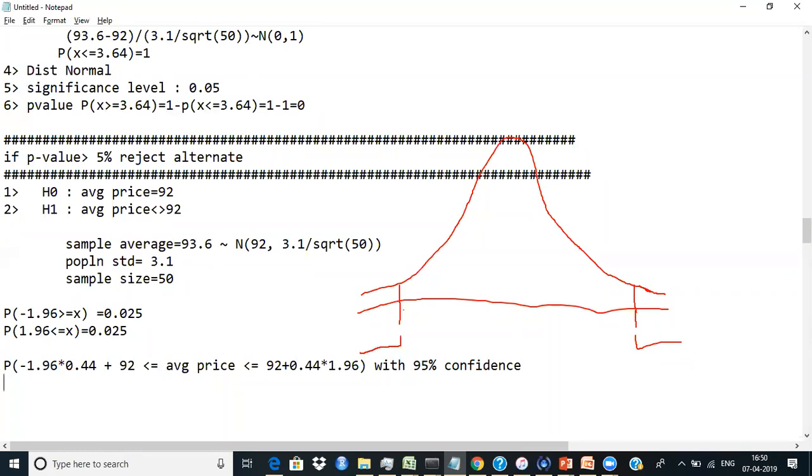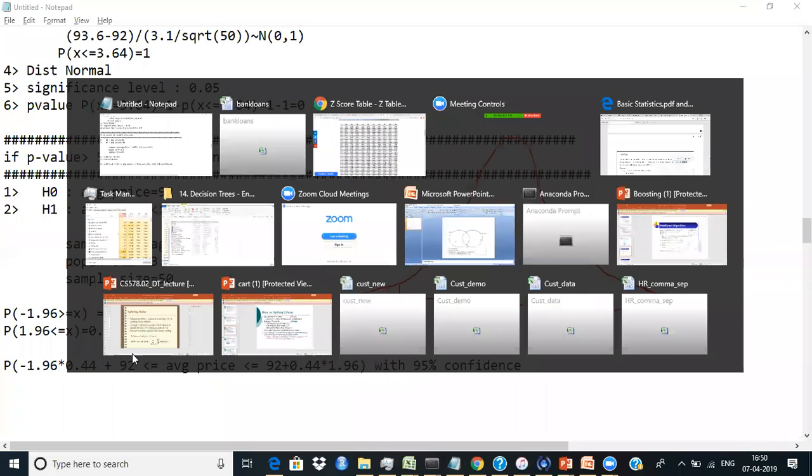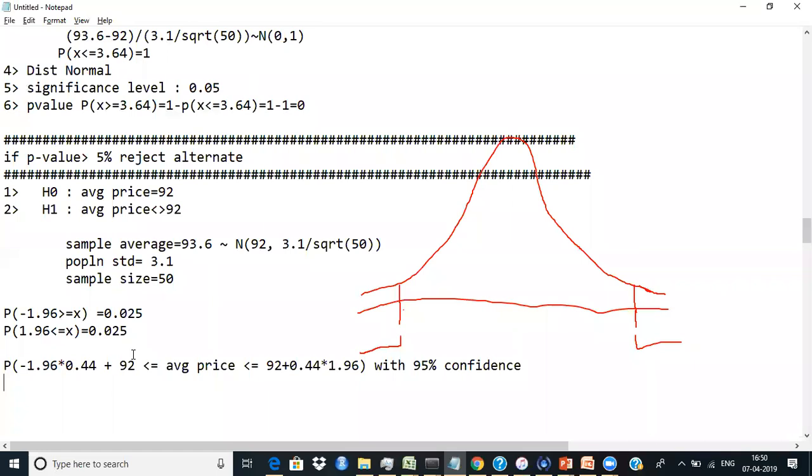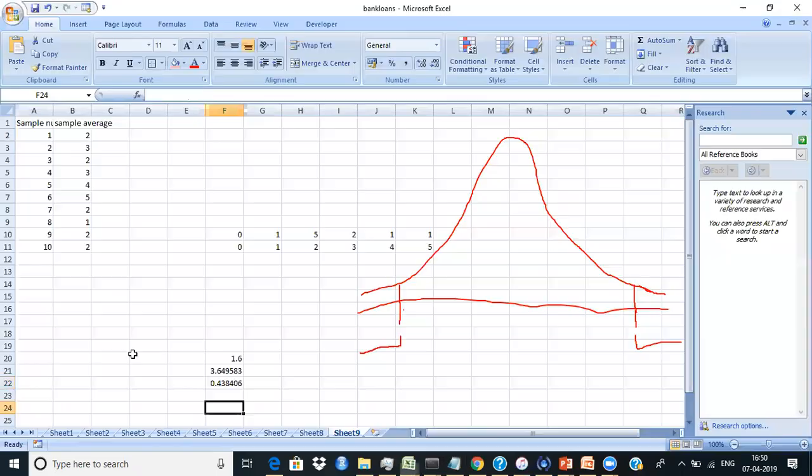So what will happen to my interval? My interval now becomes 92 plus 0.44 times minus 1.96 and 92 plus 0.44 times 1.96.